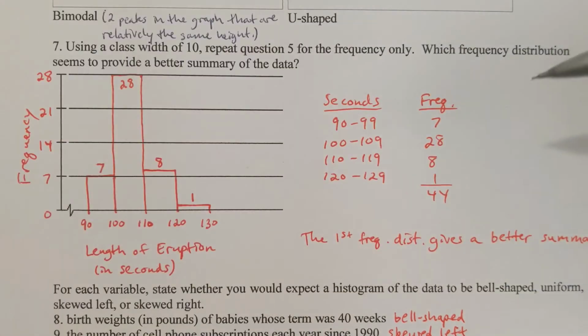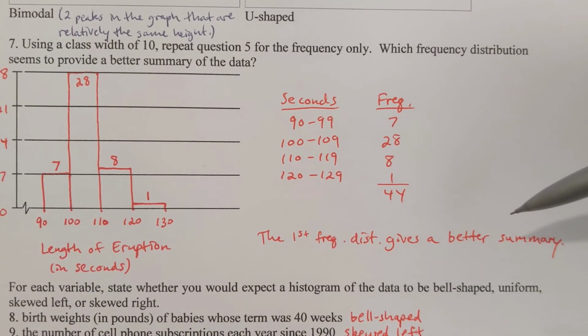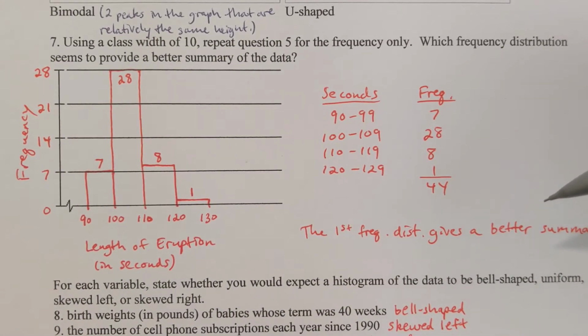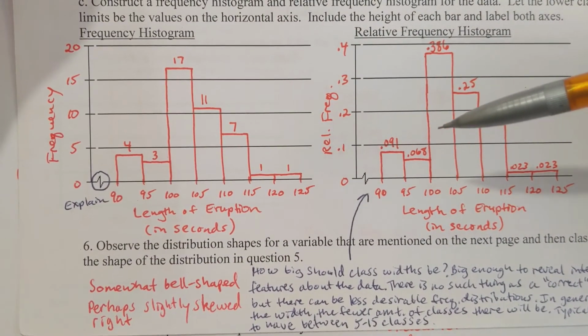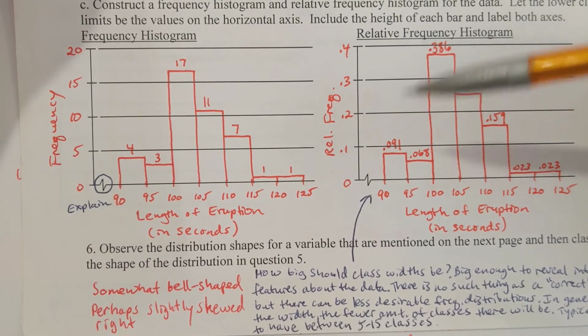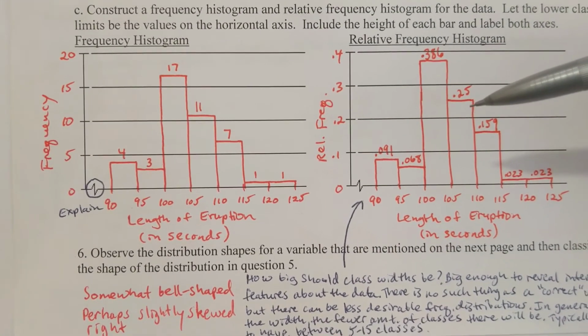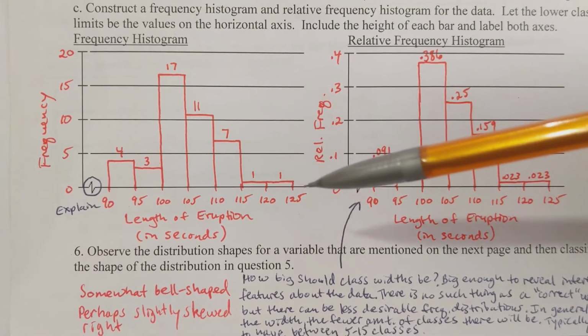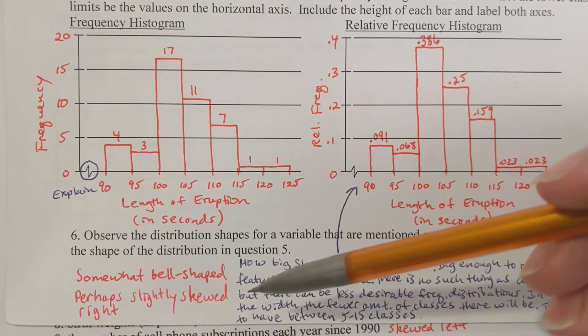So I would say that the first frequency distribution gives a better summary. We have more bars to look at, but it's not obnoxious, right? It's not like there's 30-something bars. And that can change our distribution.